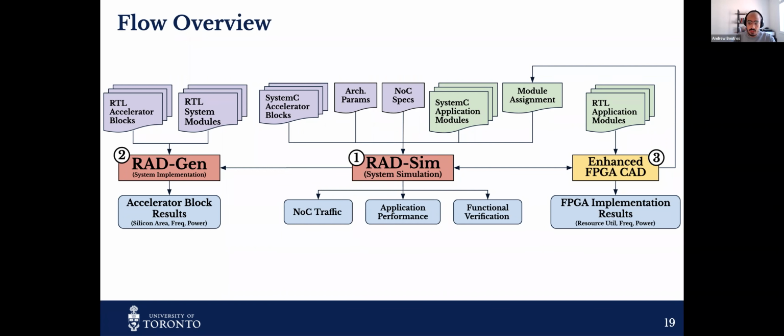And you can see very interesting relations between this CAD tool and RAD-Sim, where the CAD tool can, for example, propose a specific NoC placement and then invoke RAD-Sim to evaluate it on an application level to see if it meets latency constraints or performance targets or not. And this is analogous to static timing analysis in the classical sense for normal FPGA place and route.